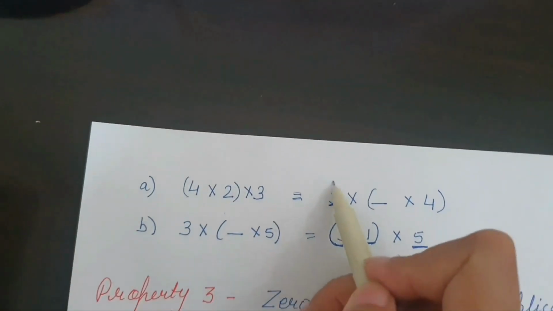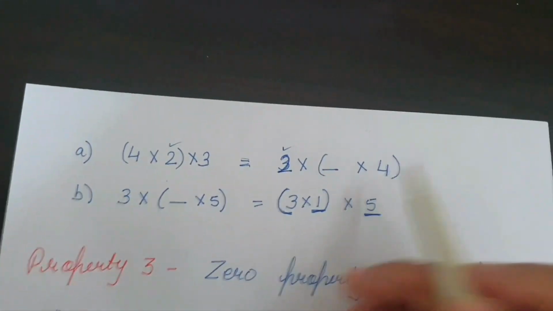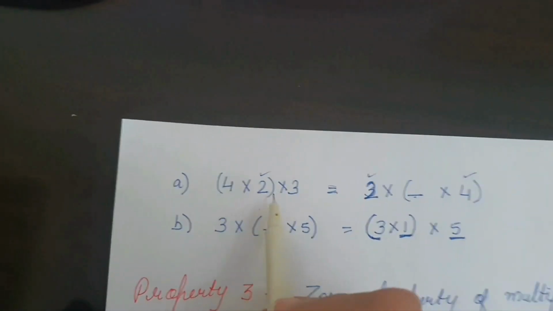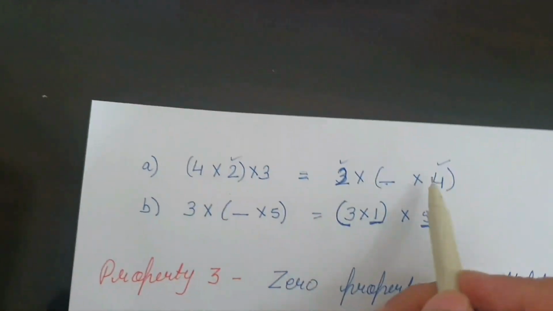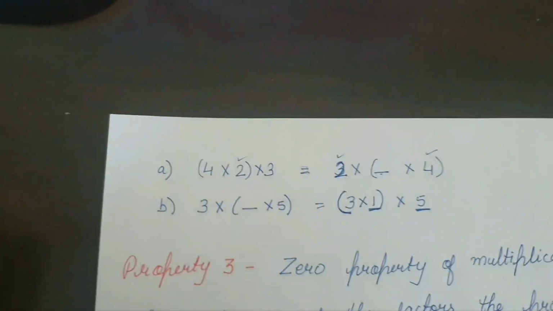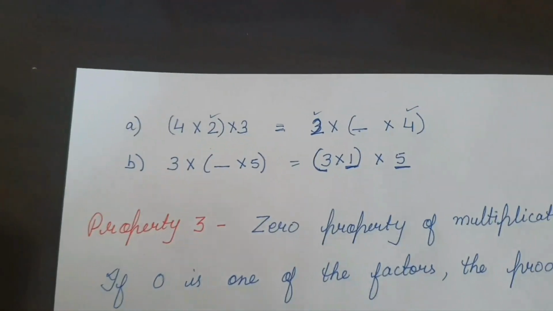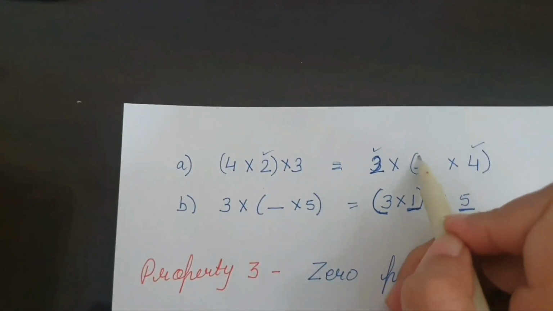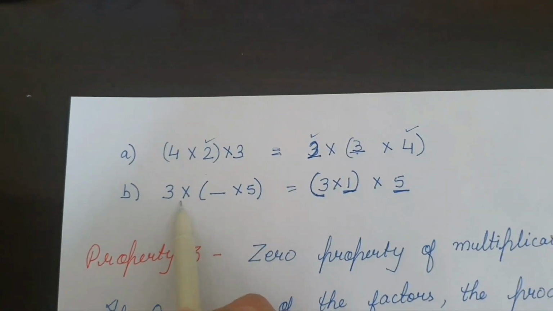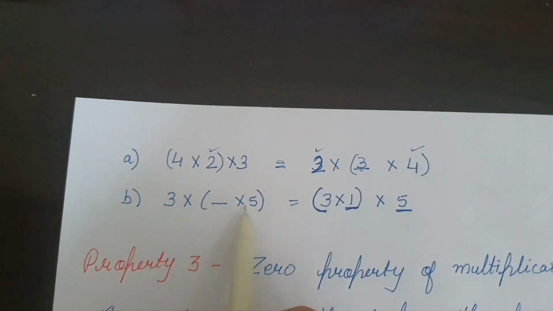Now here we have written 2. 2 is already here, and in the second group we have written 4, but the number is missing. Now you can see 2 is here, 4 is here. That means in the second one we are multiplying 4 and 3 first. Now see the next one. 3 into dash into 5.